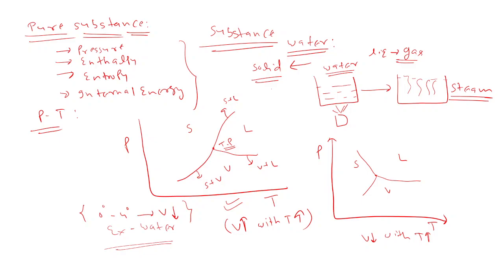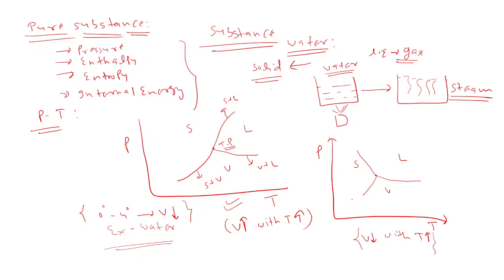Here solid to vapor, here liquid to vapor, and here solid to liquid. The slope is this way, and for substances that contract with increase in temperature, the slope is this way. Is the difference clear? Yes, sir. So my question is why it is like that?